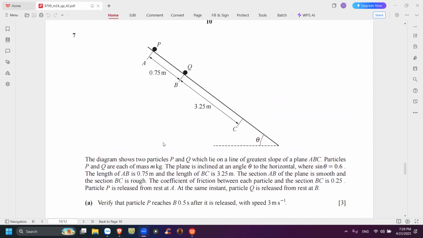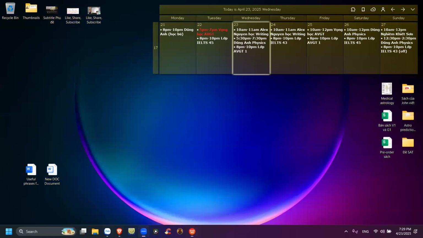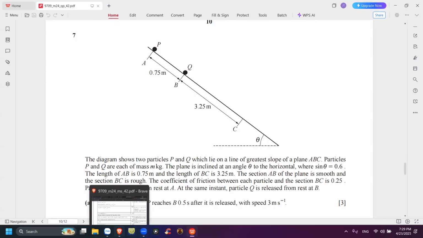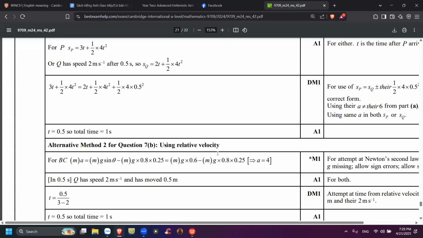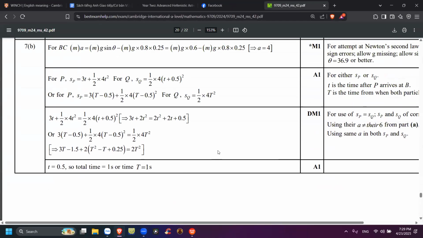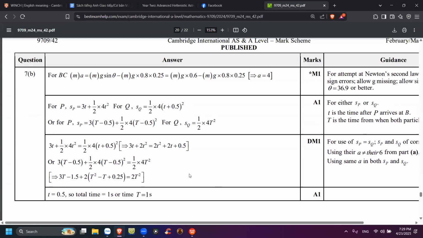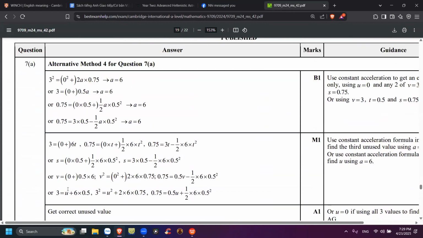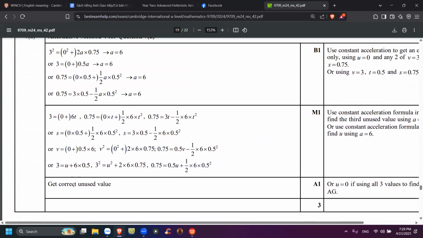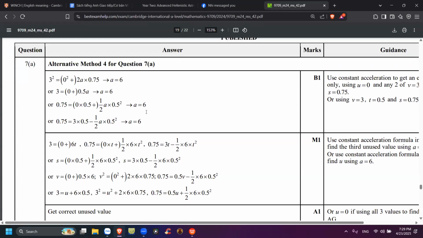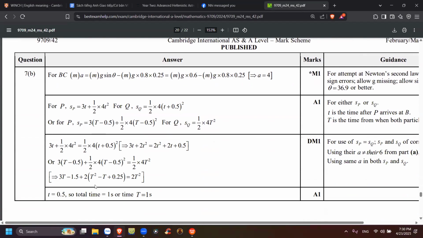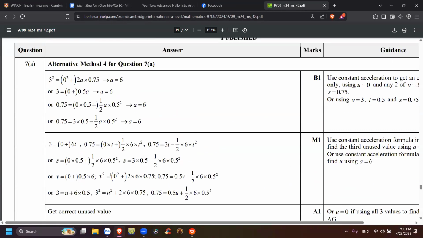Okay, so question A and B, let's see. Oh my God, I clicked on the wrong one again. For question A, time t is 1 second. Okay, for question A, they say that a equals 6 meters per second squared, and then you get to V. I don't know why, but sometimes the mark scheme is weird.